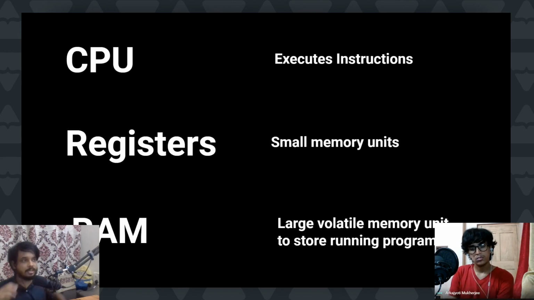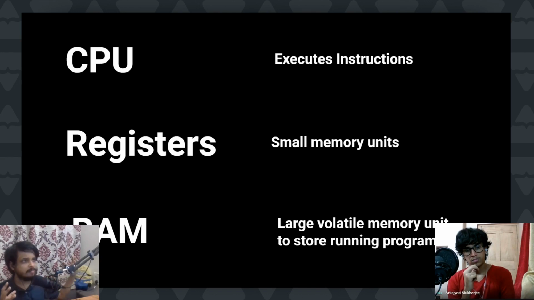Now registers are very small memory units that are very close to the processor, extremely fast, and used for special operations by the processor. And RAM, as we all know, is a big memory unit that stores the running program, and it's volatile. When we turn it off, it goes away. So these are some components.